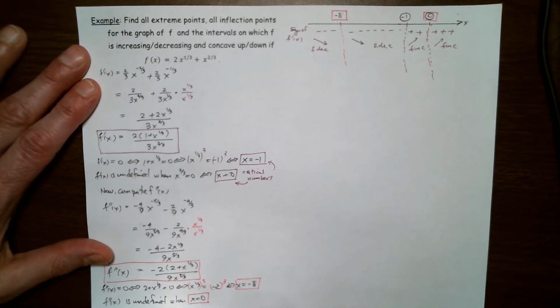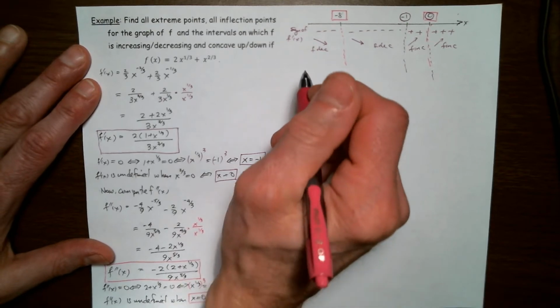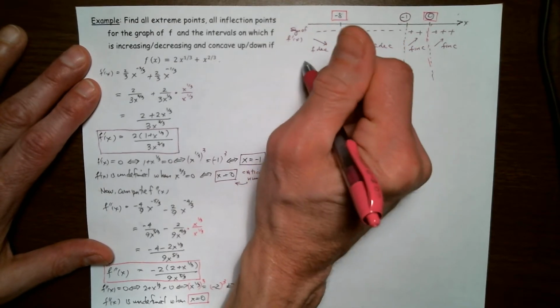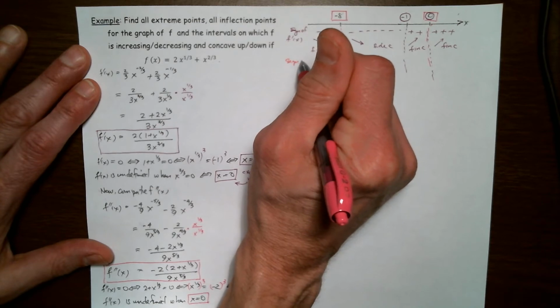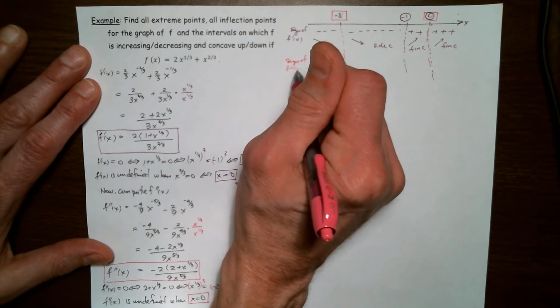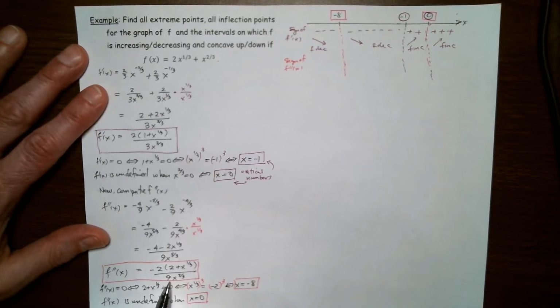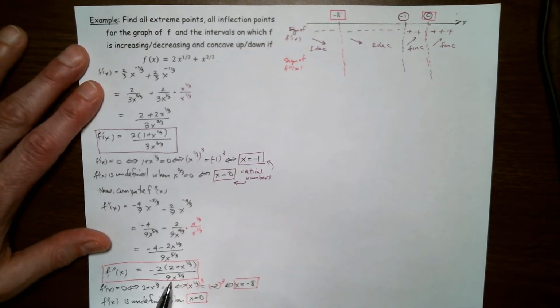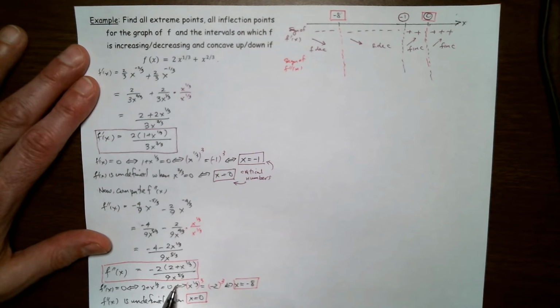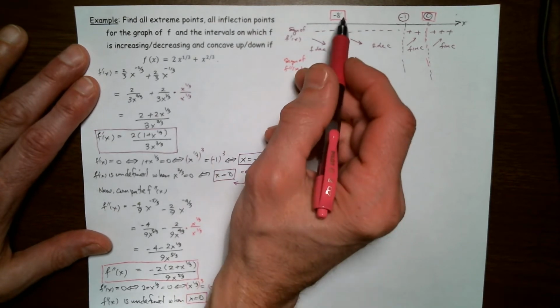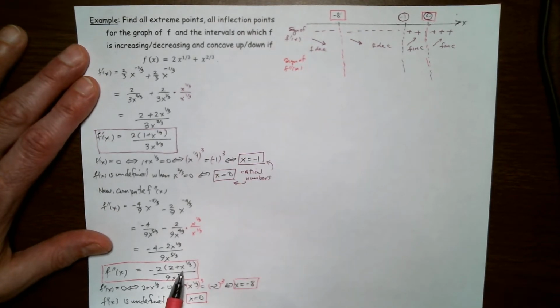Now let's also examine the sign of the second derivative function, which is given by this factored form. When we select any value of x that's less than minus 8, then the cube root of x is also less than minus 2.